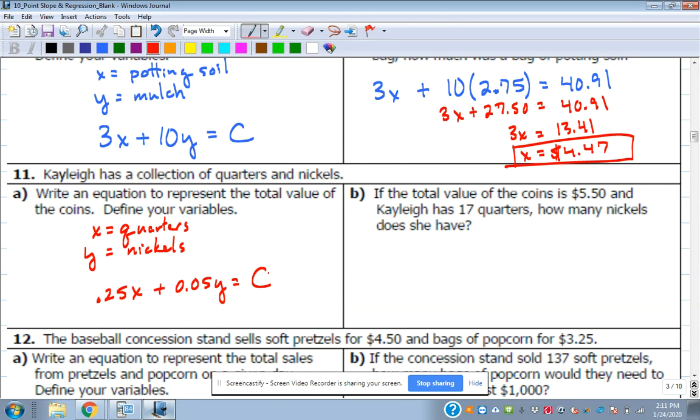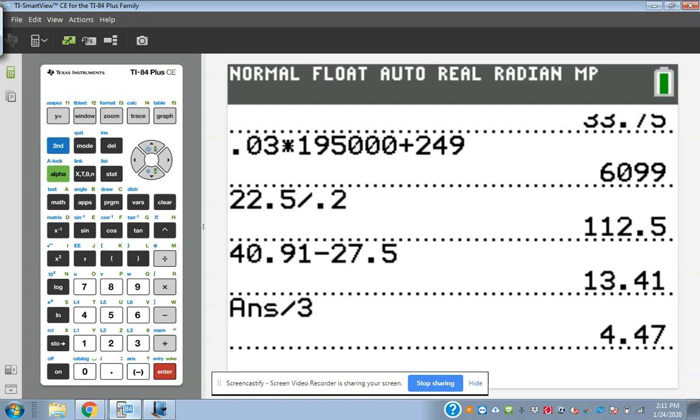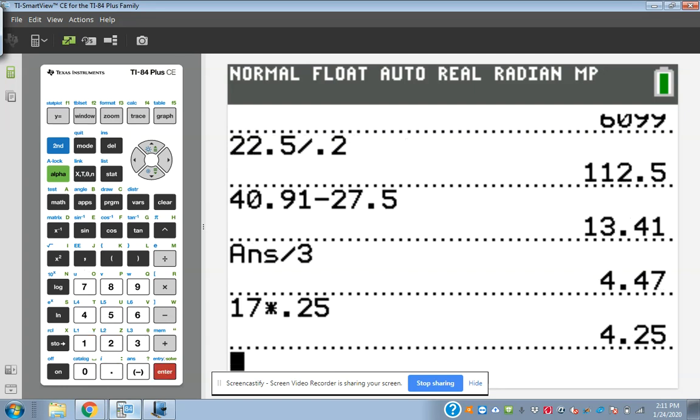Okay, so part B says the total value of the coins is $5.50, and Kaylee counted the quarters up, and she had 17 of them. How many nickels did she have? So plug in the stuff where you know. So 0.25 times 17 plus 0.05 times y equals 5.50. Work it out. 0.25 times 17 is 4.25.